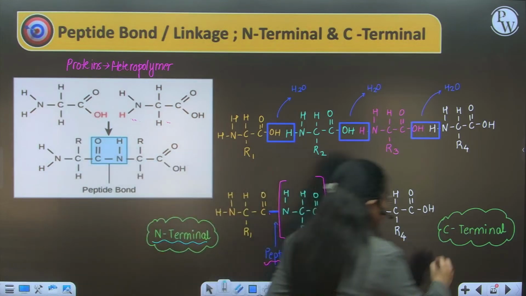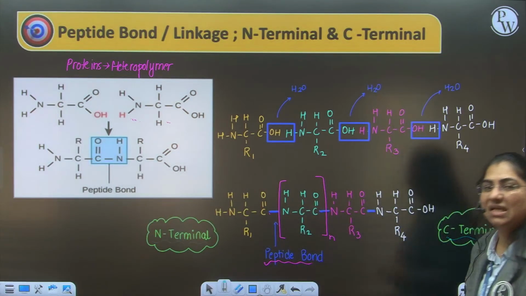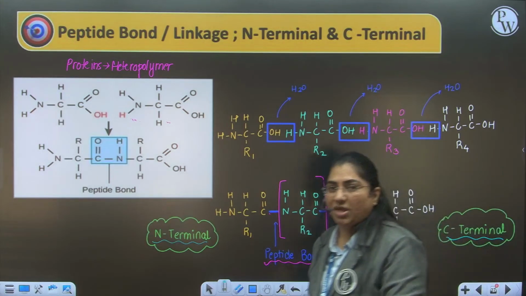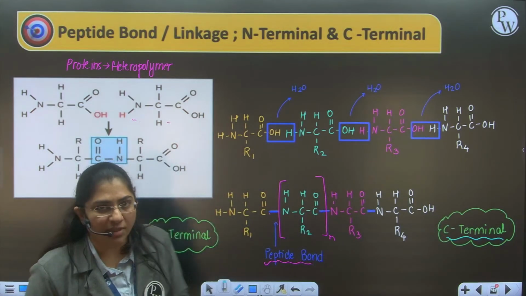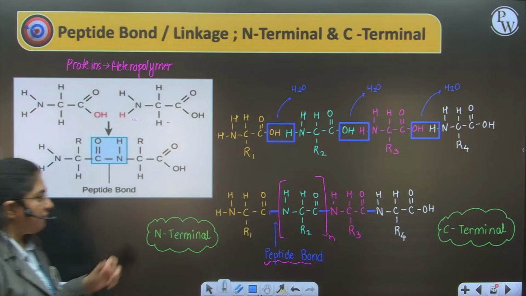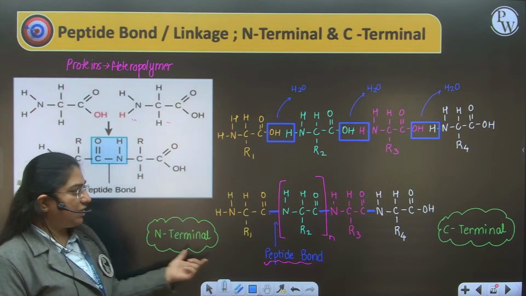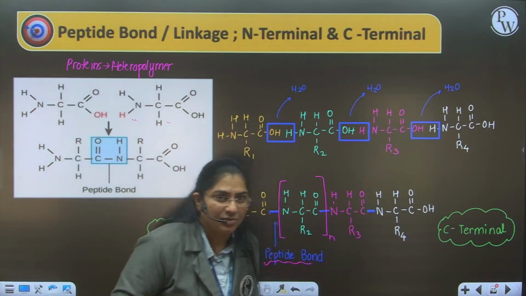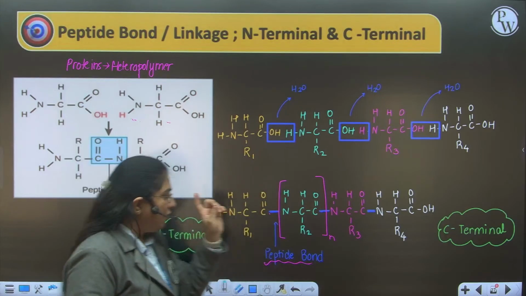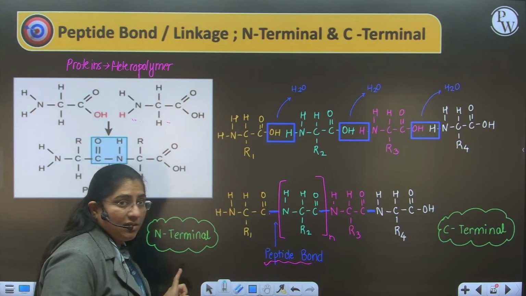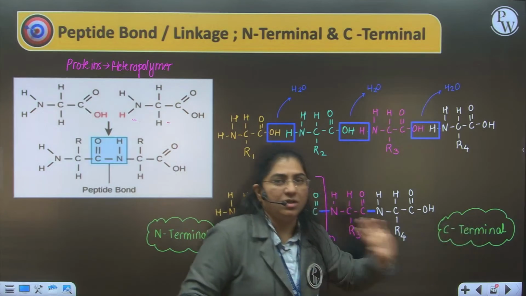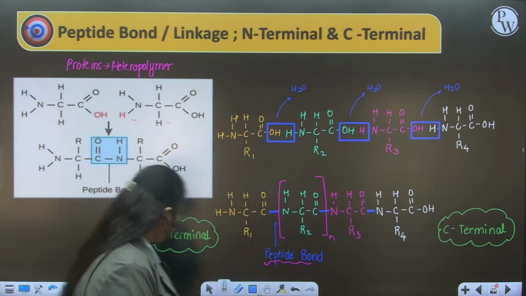The last amino acid is called the C-terminal. This was a question in last year's NEET 2023 paper, where they said that the first amino acid is the C-terminal and the last amino acid is the N-terminal. It was a false statement. The first amino acid is the N-terminal in the polypeptide chain, and the last amino acid is the C-terminal.